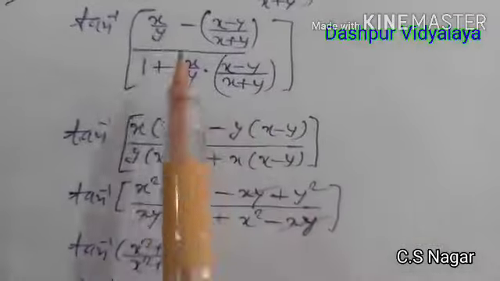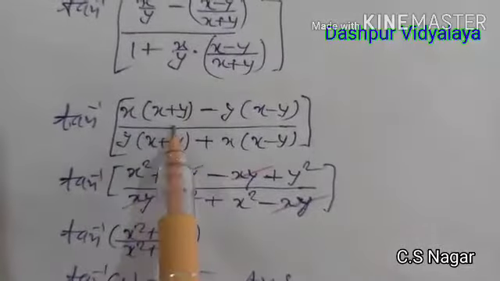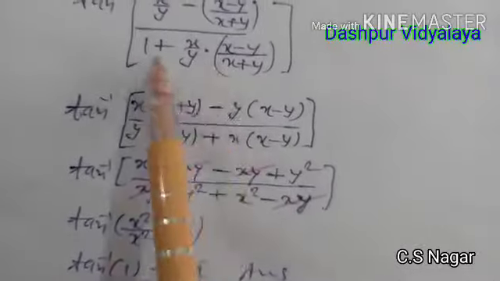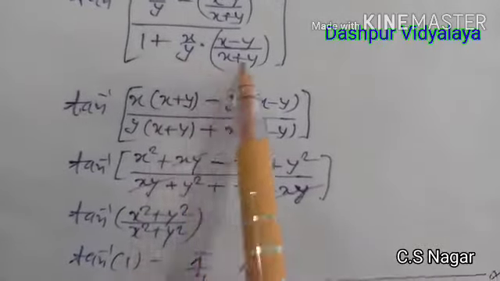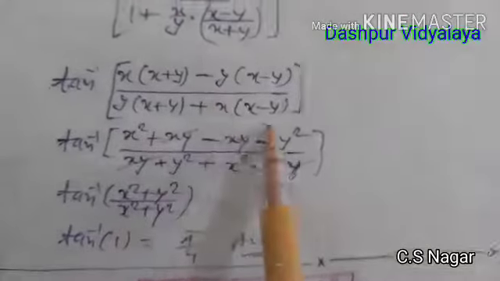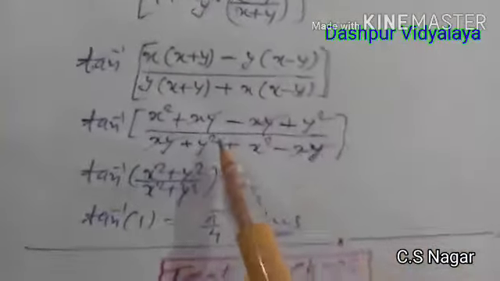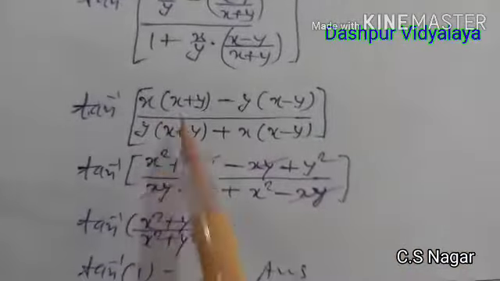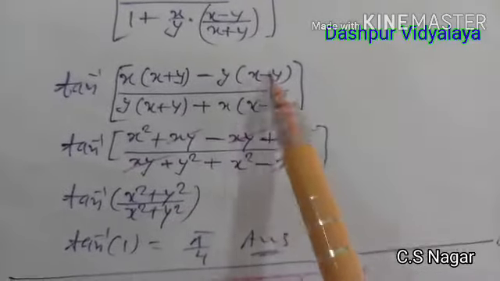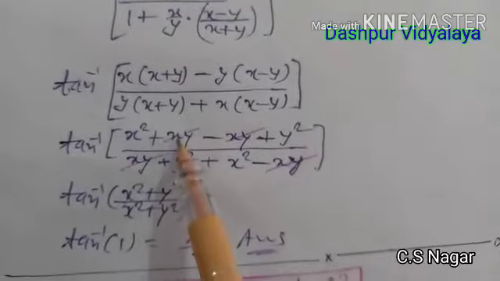Now take LCM. So x into x plus y, this is minus sign as it is, y into x minus y, and in its denominator take LCM. So y into x plus y, here this is plus sign, and x into x minus y, and the LCM cancels out. Now x into x is x square, x into y minus x into y, and minus minus plus y square, here xy cancels out.